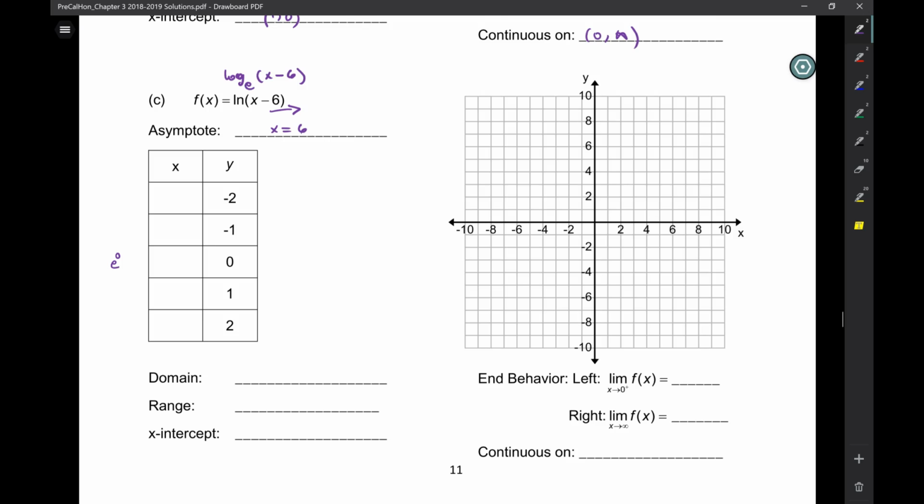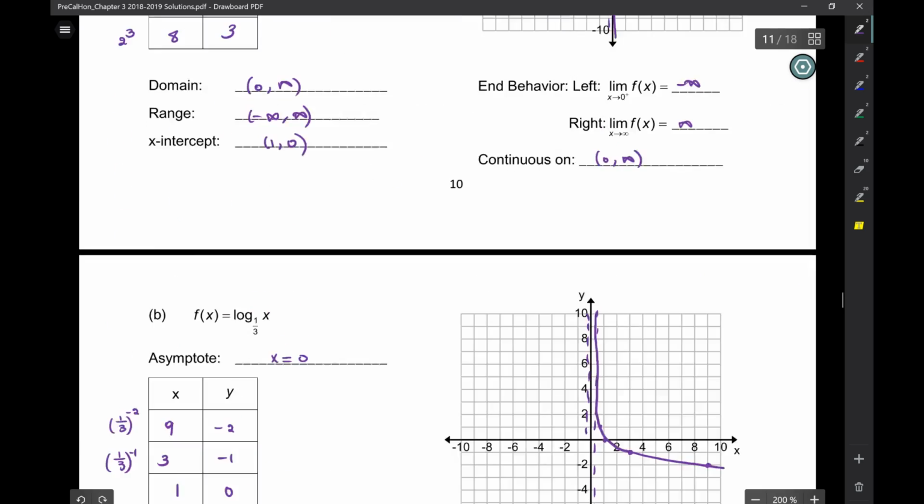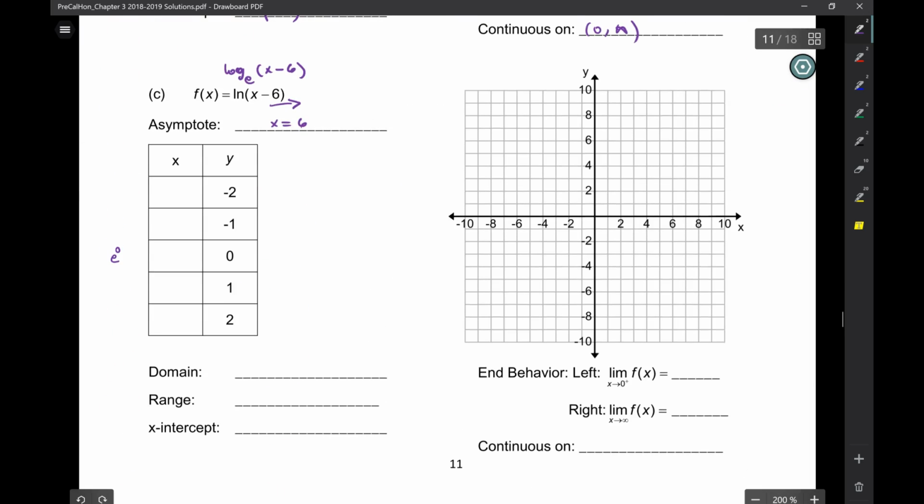All right? So let's think of it again. You see how these are the powers on the x-axis? Right? These are the powers. So here it's going to be like e to the x plus 6 essentially, right? So e to the 0 gives you 1, but you're going to add 6. So it'll be 7. Okay, everything will move over.